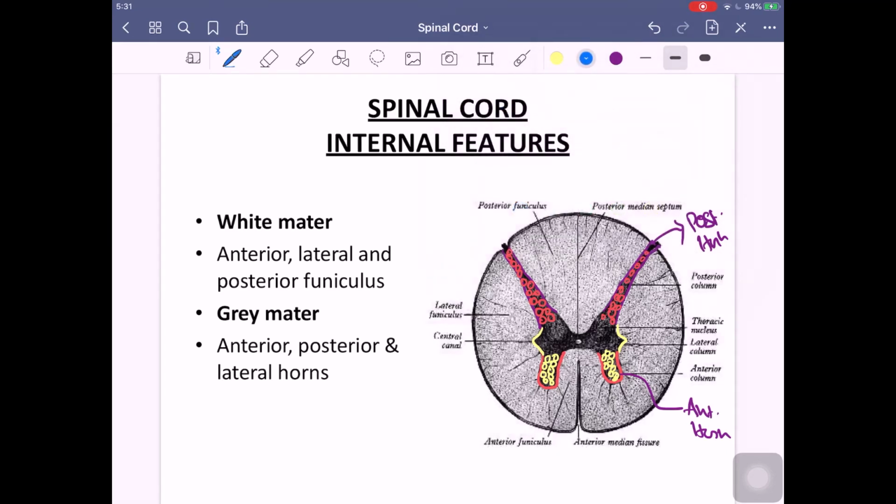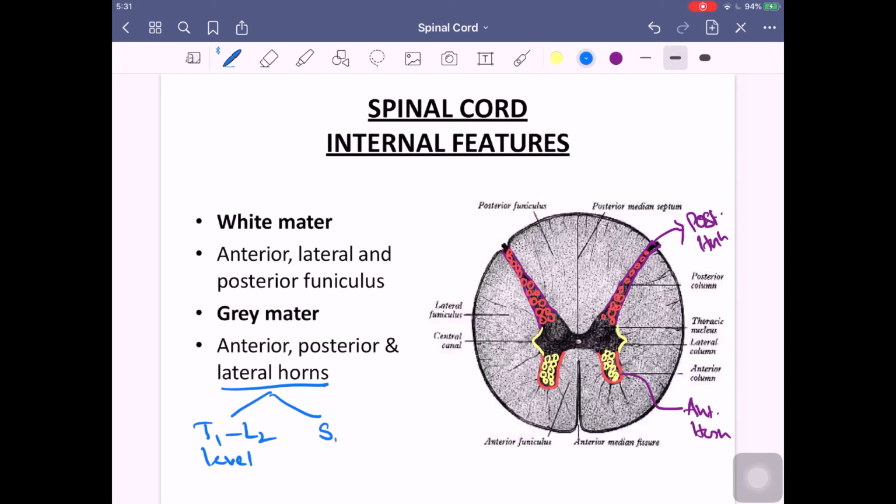As far as the lateral horns are concerned, they are not found throughout the spinal cord. They are found in only two areas. One is the thoracolumbar outflow, from T1 all the way to L2. So from T1 to L2 spinal segments you will find the lateral horn, which means there is no lateral horn from C1 to C8.